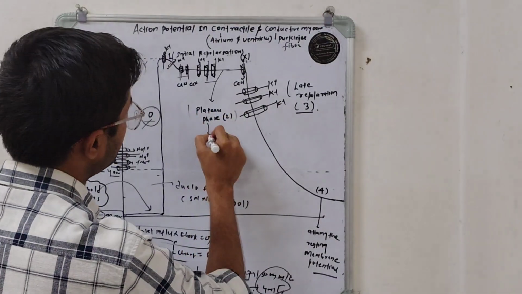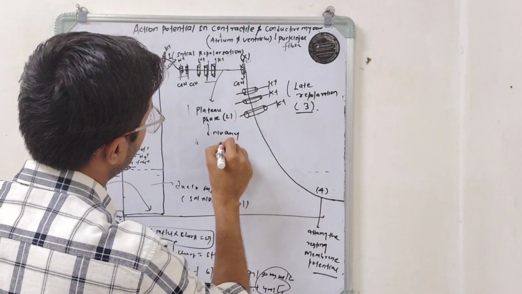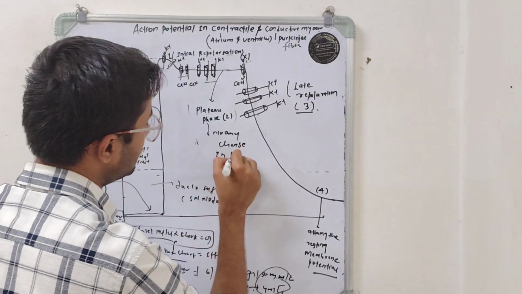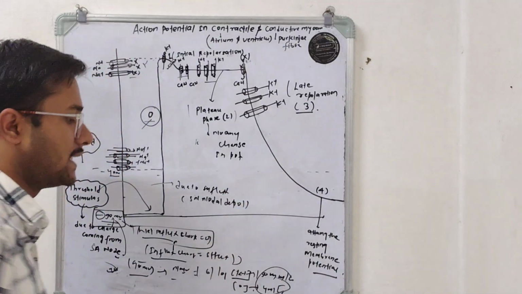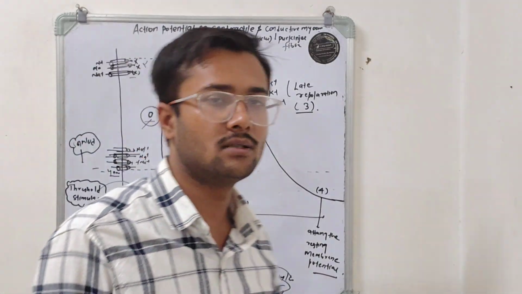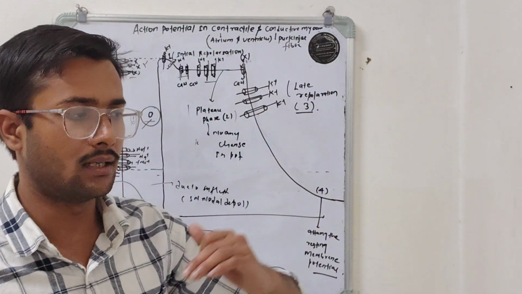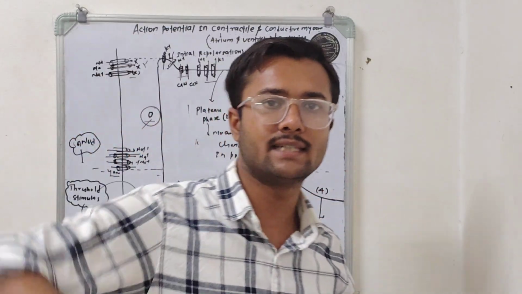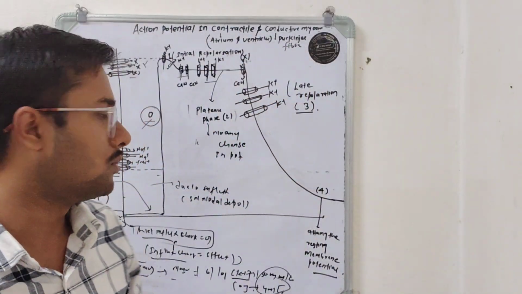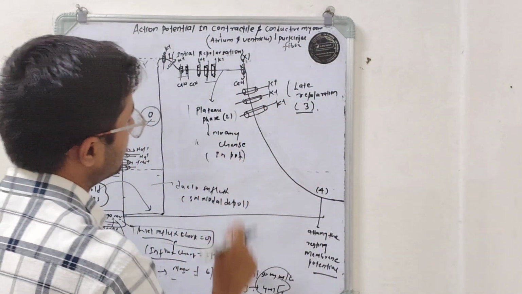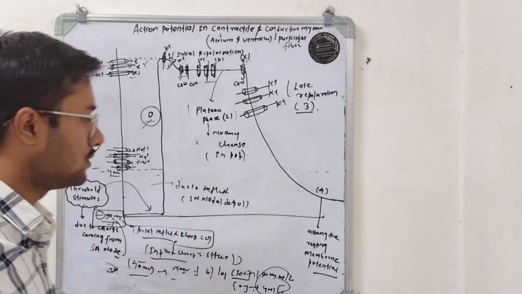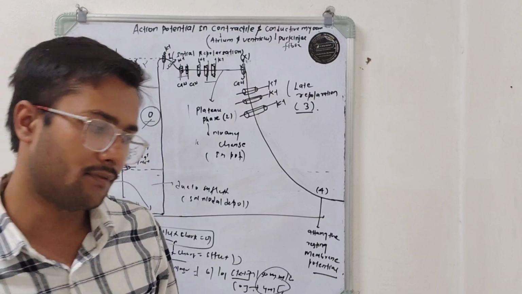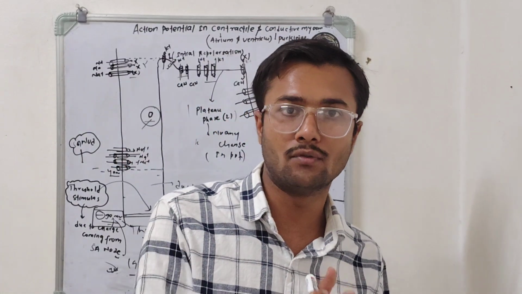So in the plateau phase, what happens? There is no change in potential. Why? Because whatever amount of charge enters the cells, the same amount of charge exits from the cells. Potential change will only occur if there is a net movement of charge in one direction.